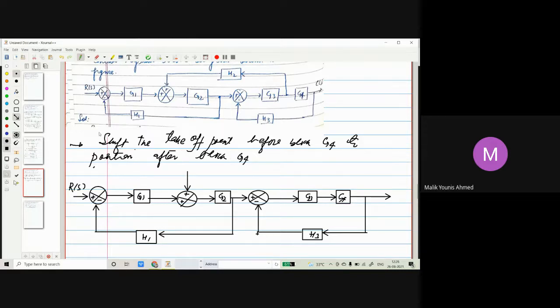And from here, so there will be a block. Gain. Okay, the signal will be going, oh, sorry.